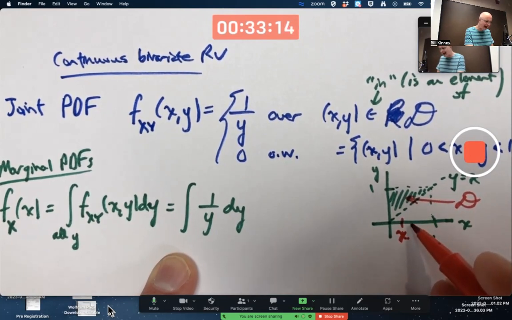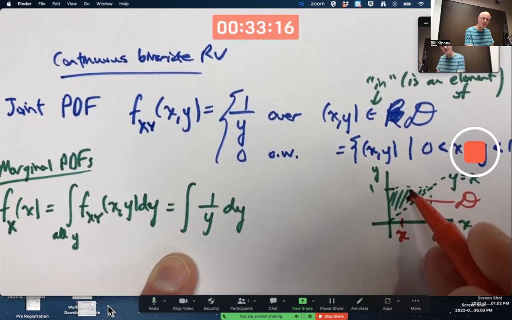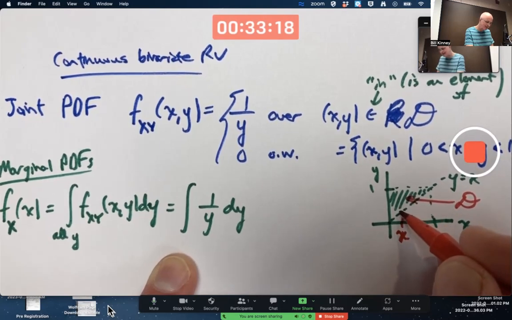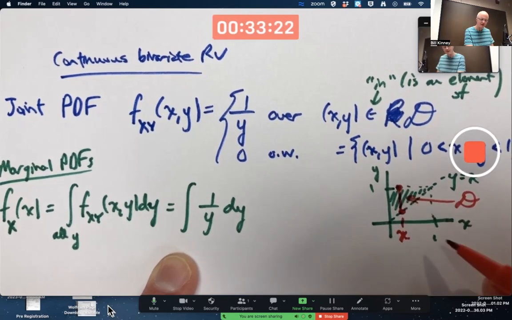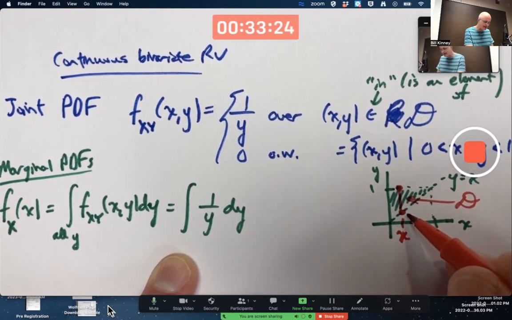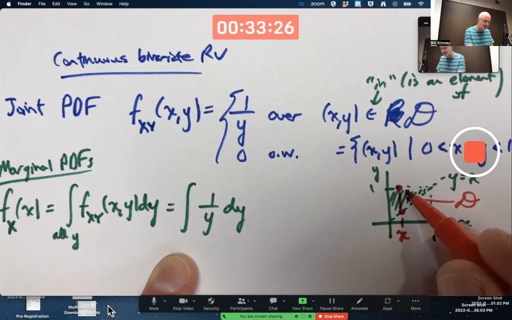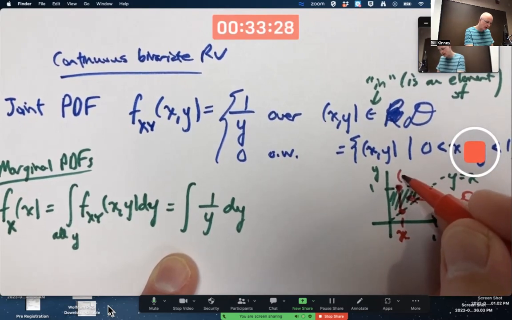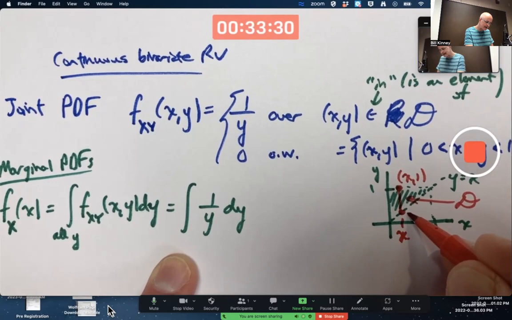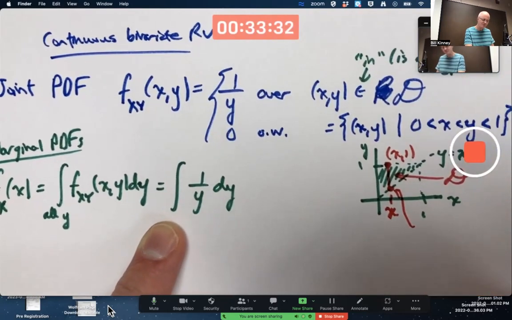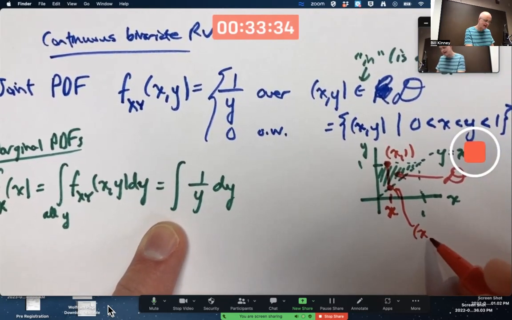If x is a half, y goes from 1/2 to 1. Whatever x is, y goes from the second coordinate of this point to the second coordinate of that point. Now, the second coordinate of this point is easy. It's 1. But what's the second coordinate of this point? Its first coordinate is x. What about its second coordinate?